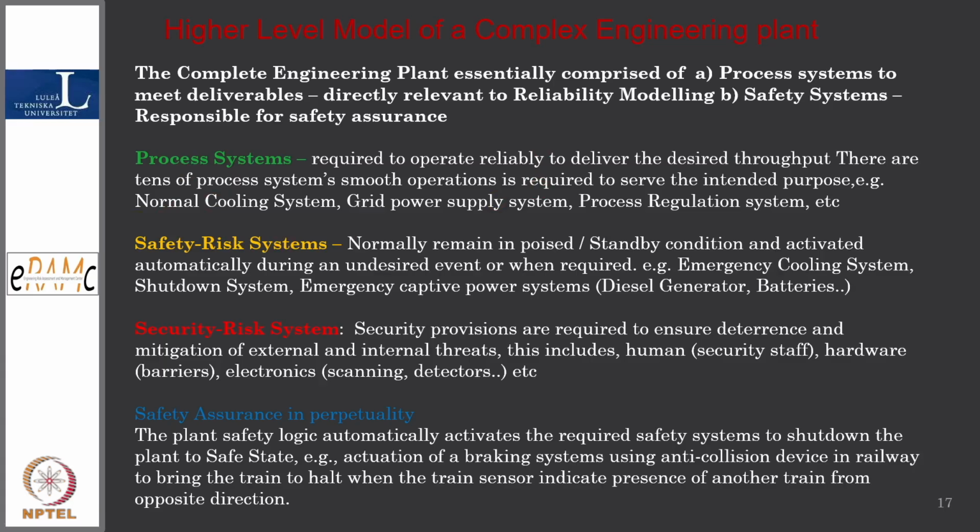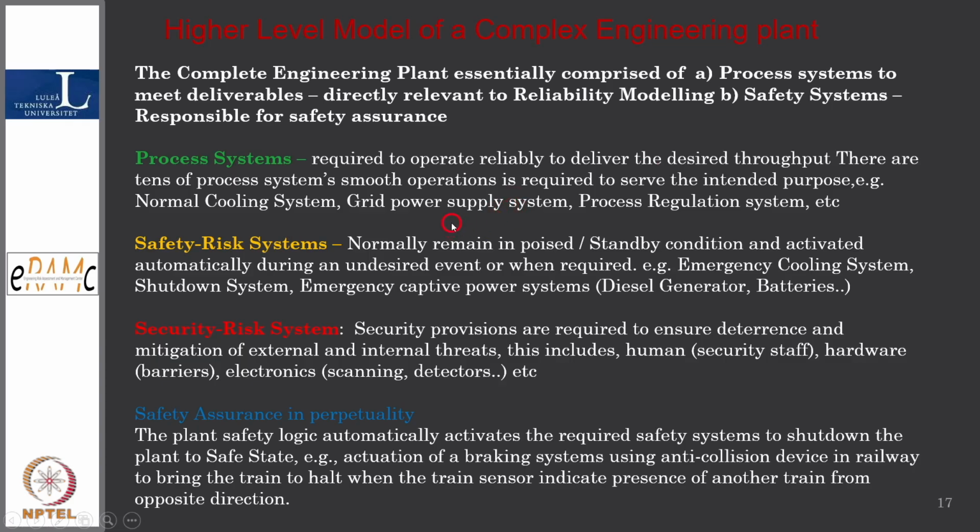There are many systems, we can have a list: normal cooling, regulation system, grid power supply system, because even though a nuclear plant or any plant is producing power, for its operation you require grid power. Sometimes we tap the power which we have produced, but when the plant is shut down we don't have grid power, so we have to have captive power. But sometimes there is dependence on the grid power also when the plant is operating, until it is operating in islanding mode. Okay. So that is the process system.